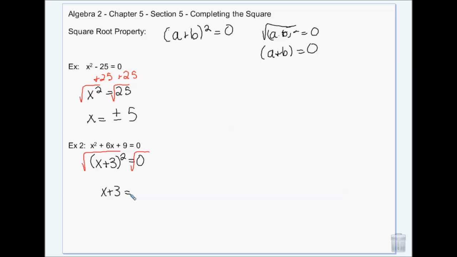And the square root of 0 is 0. So then I can subtract 3 from both sides. And I get x is equal to negative 3. Technically, it's plus or minus 0, except really you don't have such a thing as negative 0, right? So my answer is negative 3.